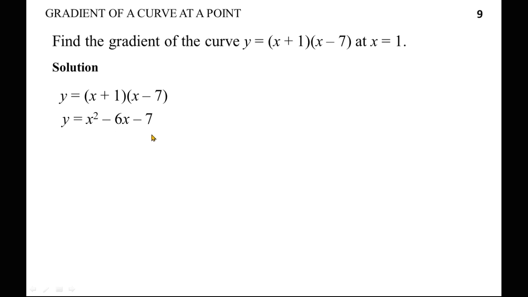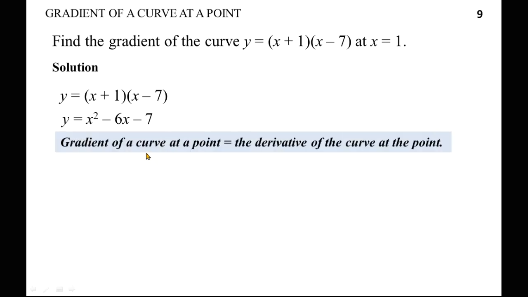It will be very useful to find out the gradient. So we know that the gradient of a curve at any point equals the derivative of the curve at the point. So to find the gradient, it always means to find the derivative of the curve. And after that, we can substitute the value of x equals 1.